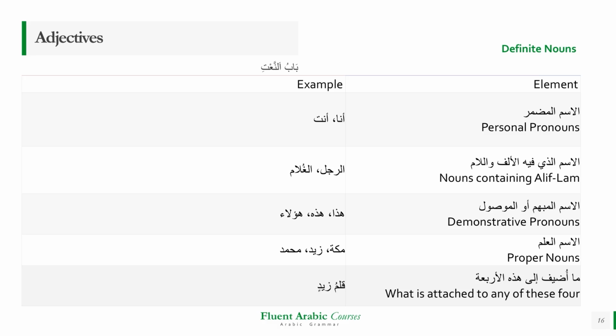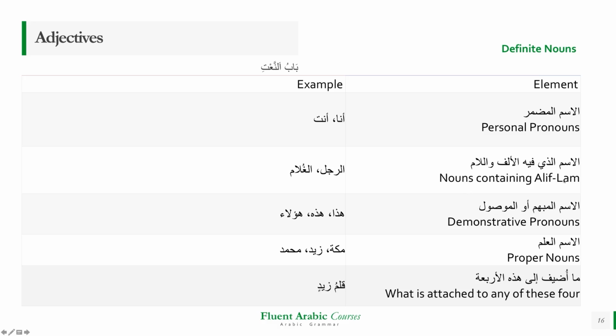What are the kinds of definite nouns? So these are a few things. The first is of course al-ism al-mudmar, the personal pronouns like ana, anta, anti, huwa, hiya. We are talking about someone specific. So all these pronouns are definite.